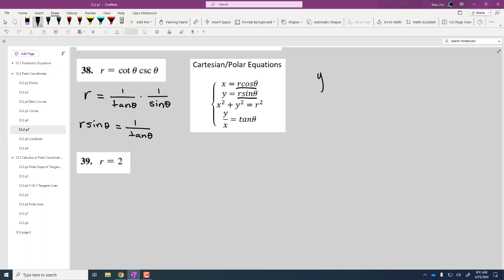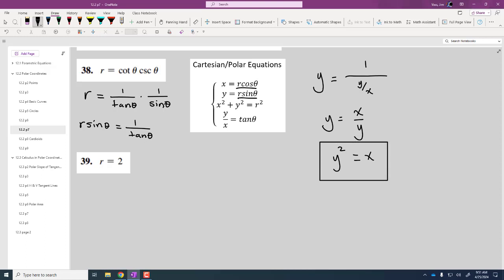So now we have y on the left, and on the right we have 1 over tangent of theta. Tangent of theta is y divided by x. So this is going to give us y equals, oh, a parabola. So there is the equivalent Cartesian equation.